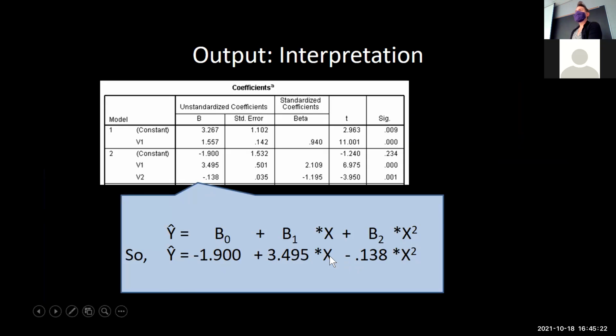So then here, if X is 5 minutes, if I want to know about 5 minutes spent studying, I would plug in 5 right here, and I would plug in 5 squared right here, 25. And that would give me my expected Y for 5 minutes of studying.